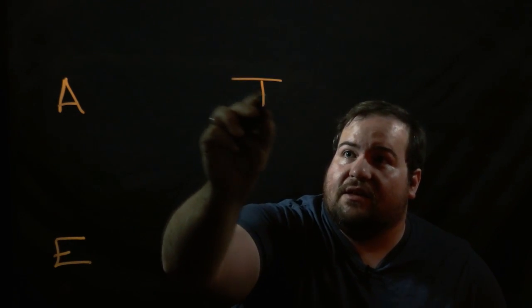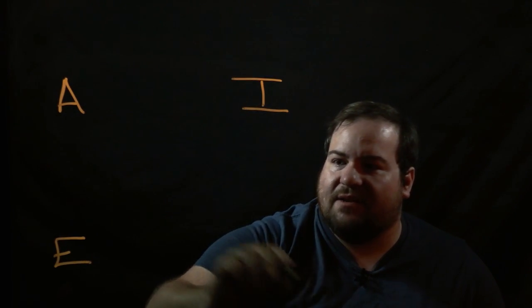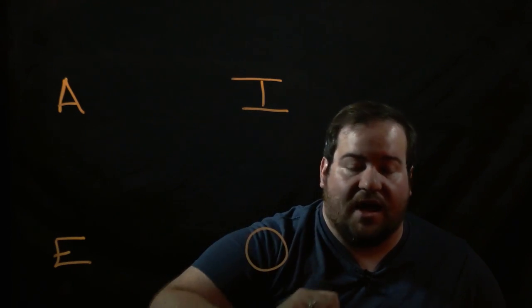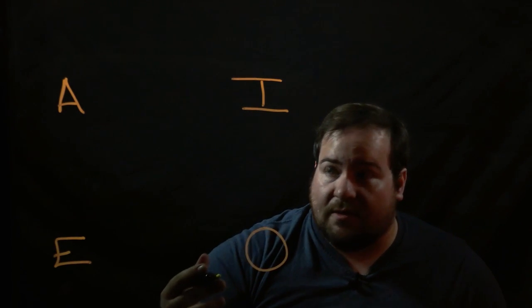So, all statements are called A statements. No statements are called E statements. Then you guessed it, some statements are called I statements, and some are not statements are called O statements.